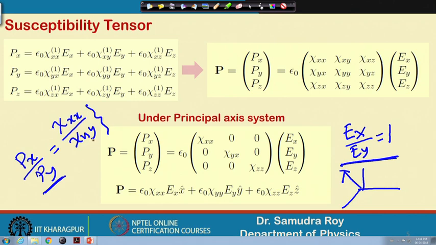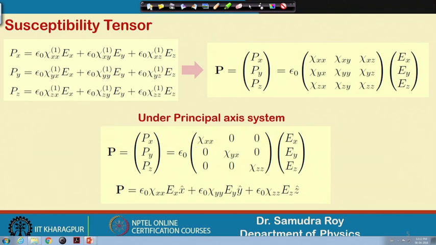If chi xx is equal to chi yy, then Px and Py have a ratio of 1, which means E and P are in the same direction. But this ratio is normally not the same. In an anisotropic system, these values chi xx, chi yy, and chi zz are not the same, they are different. Since they are different, the angle between these two is different.